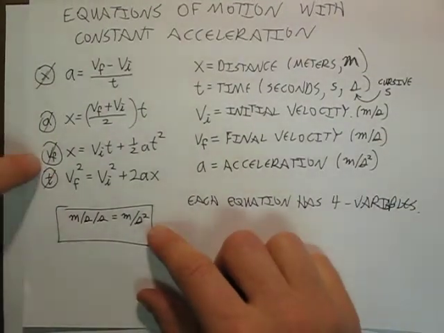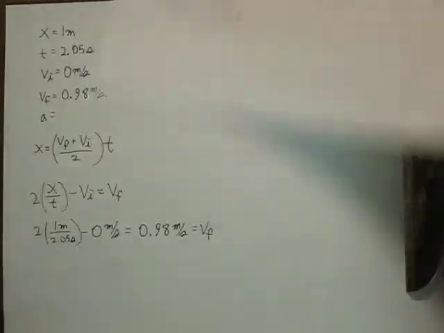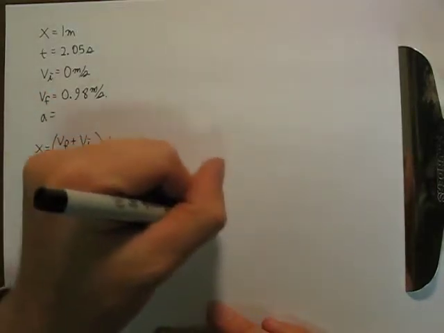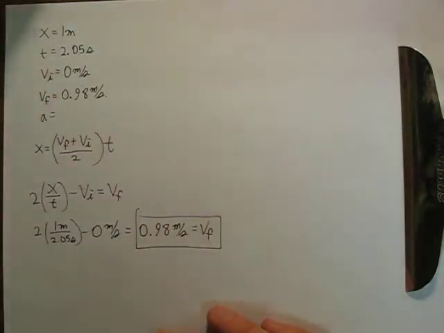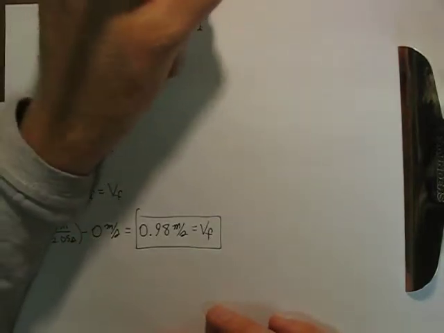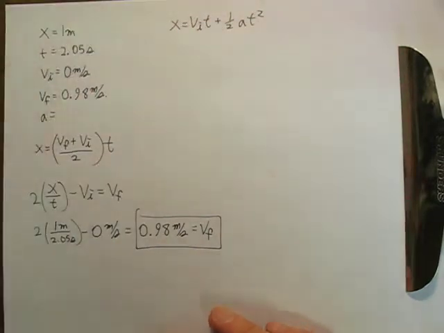So the equation that does not have VF is this one, and that's a very, very useful equation. You're probably going to end up using that more than a lot of other equations. So let's write that one down: X equals VI T plus 1/2 A T squared.